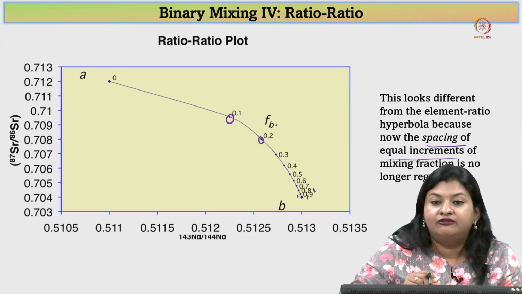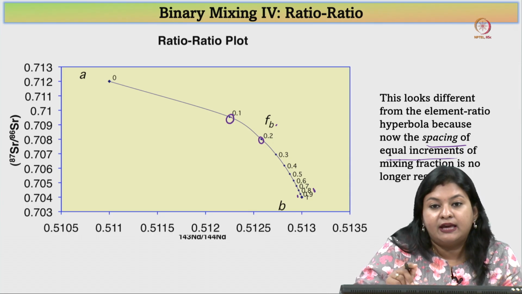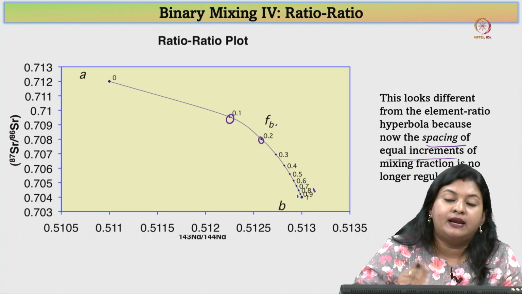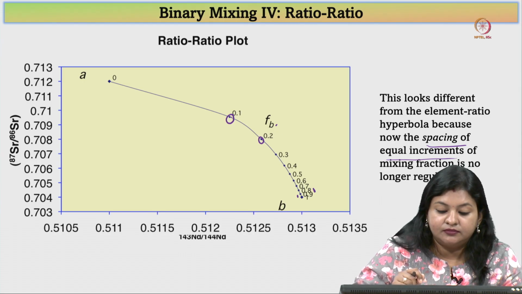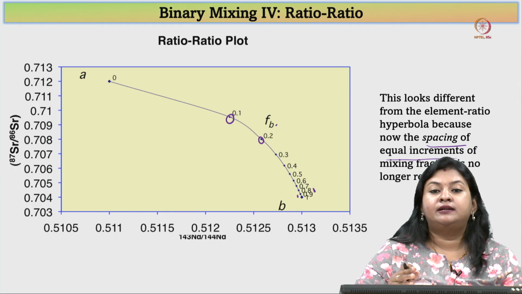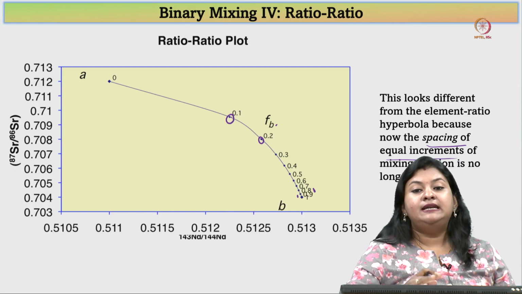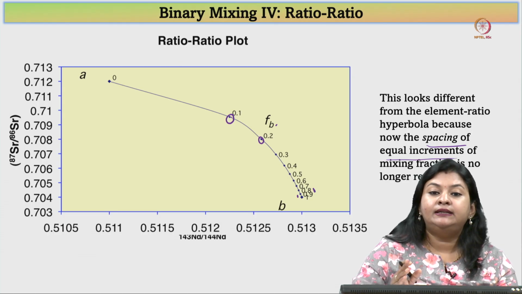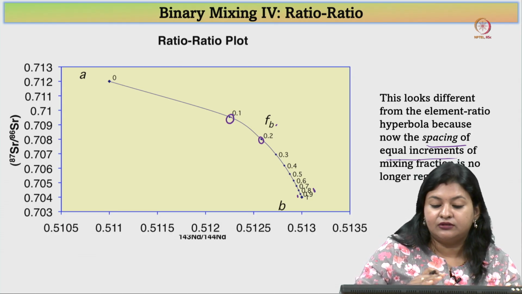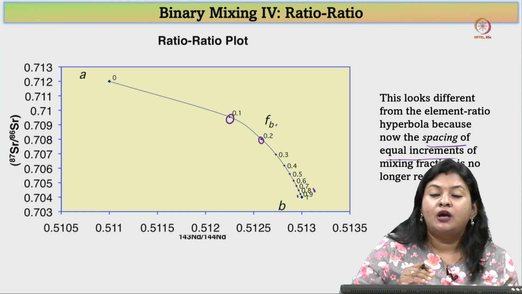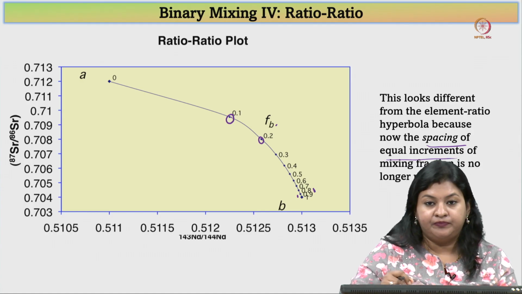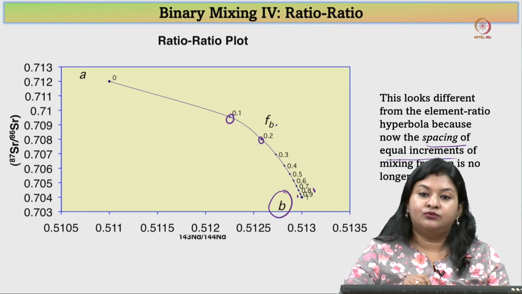So, this kind of unequal incremental spacing we have to be very careful about if we are depending on the data to fix our end members. So, it is always recommended that we go for the more linear mixing plots. We try to make the plots more linear, because with this kind of index of curvature we will not know how the incremental spacings are if we do not have the end member values.